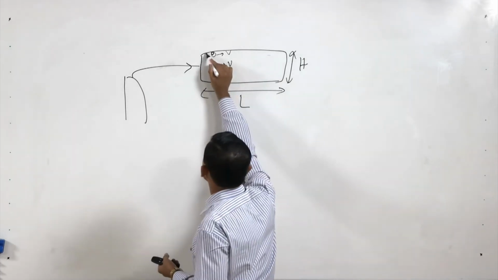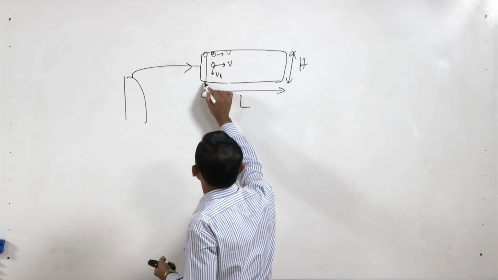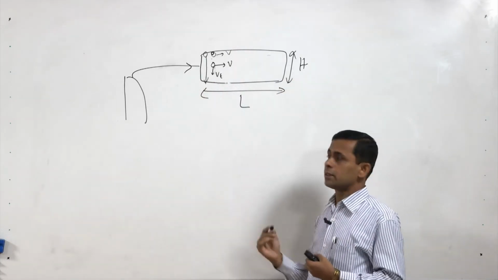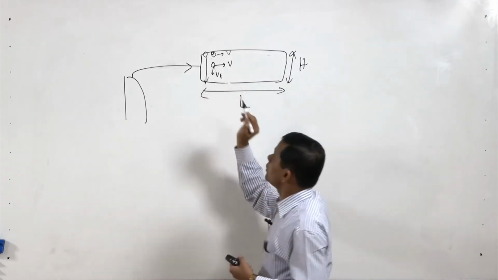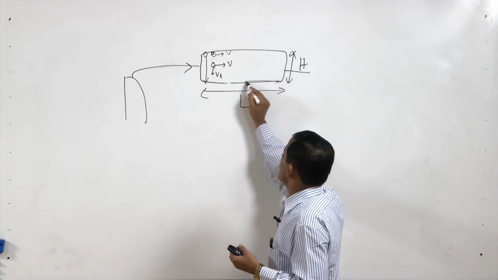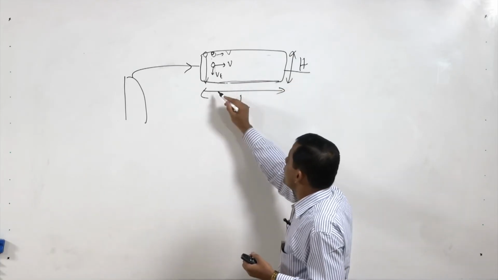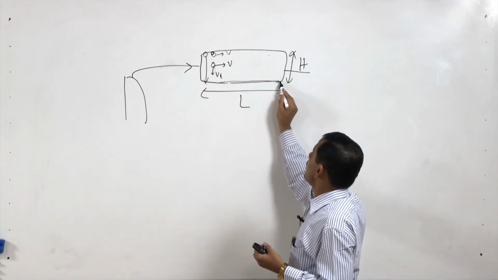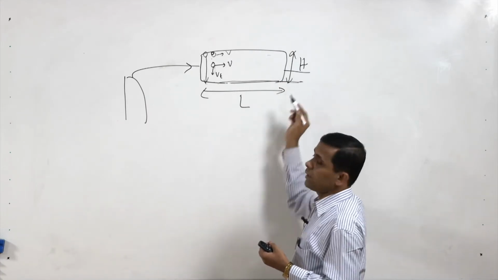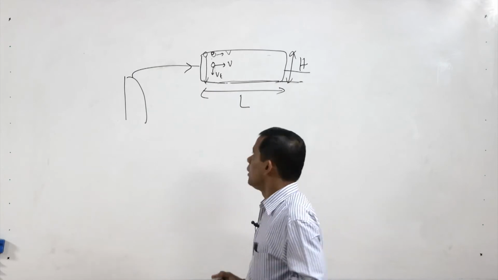Let us assume one particle is here, travelling a distance h in the vertical direction. If I want to separate it from this chamber, then within this time the particle must travel this distance, not more than this. If it is more than this, then it will not be separated.